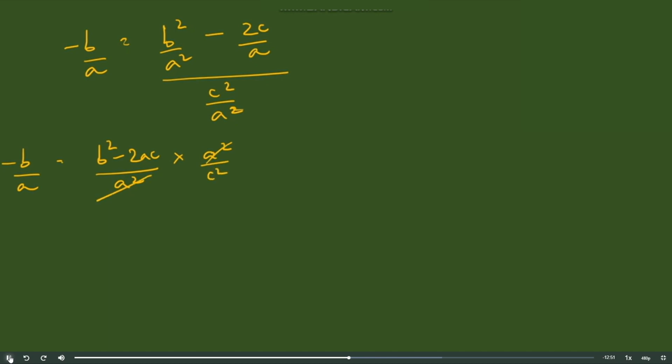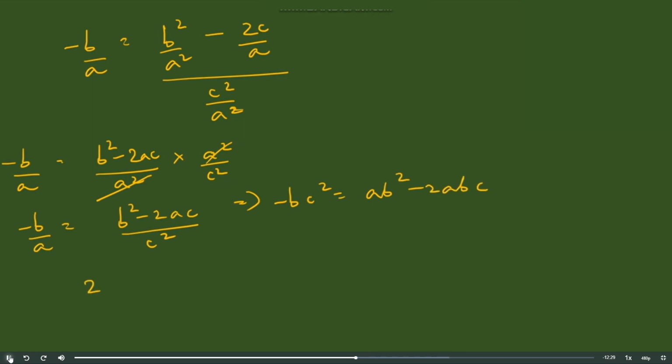Now the next step is minus b by a is equal to b square minus 2ac by c square. So this will be minus bc square is equal to ab square minus 2a square c.